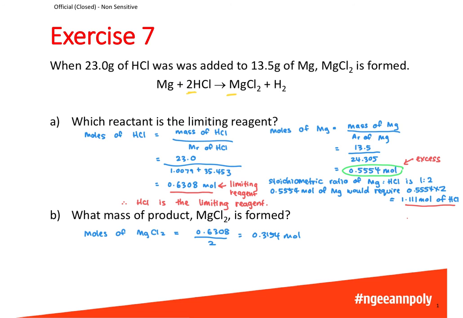Now that we have the moles of MgCl2, we can calculate the mass of MgCl2 by taking the number of moles of MgCl2 times the Mr of MgCl2. And we get the answer, 30 grams.